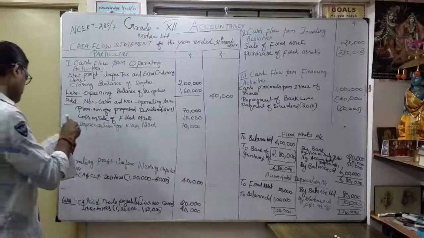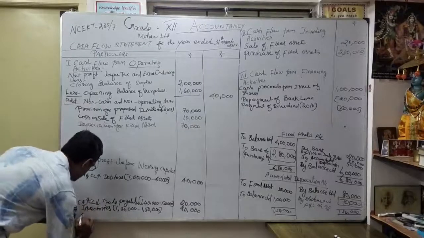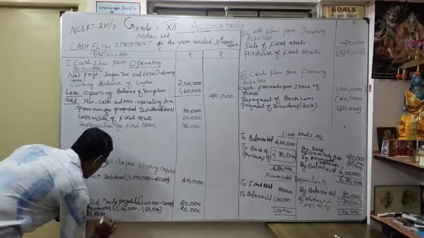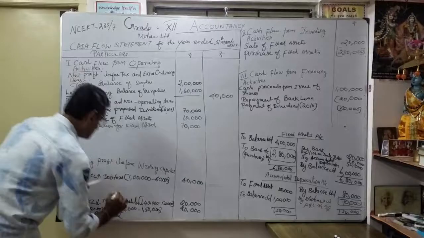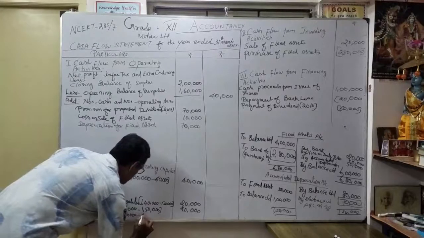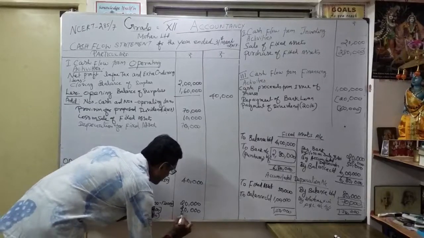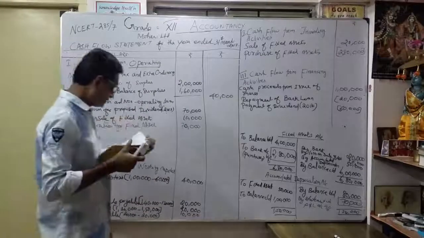Similarly here, bills receivable: 20,000 become 30,000. So how much increased? Increased 10,000. Okay, so now finished.